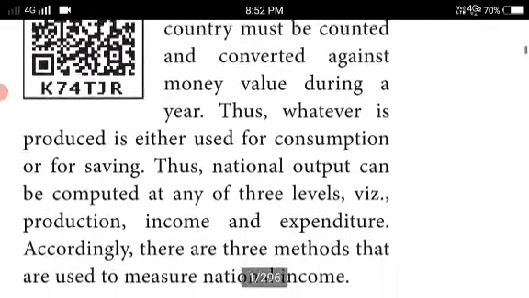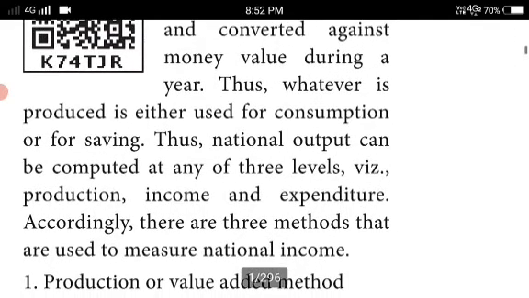Whatever is produced is used yearly for consumption and saving. Thus, national output can be computed at any of 3 levels: production, income and expenditure method. These are the 3 methods to calculate national income.